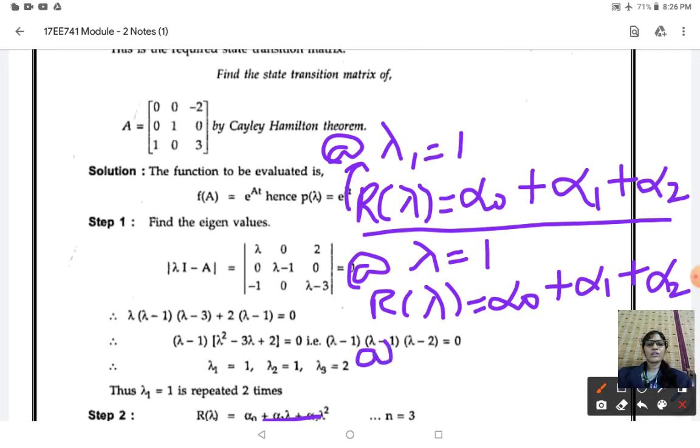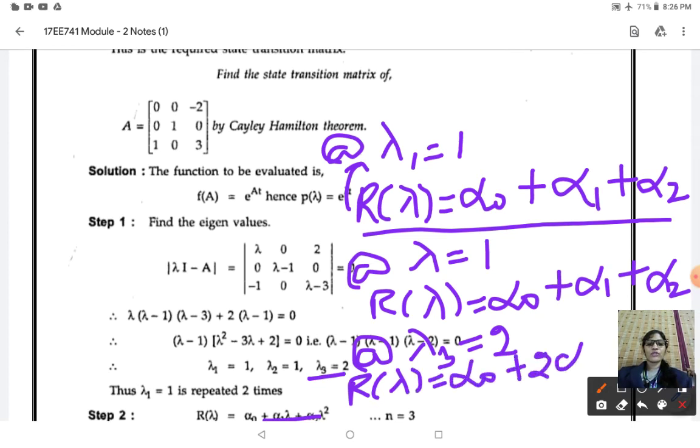Coming back to the third value of lambda, that is at lambda 3 is equal to 2, my remainder polynomial equation is going to be: first term alpha naught, second term 2 alpha 1, and third term 4 alpha 2.